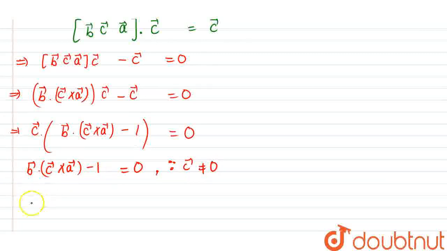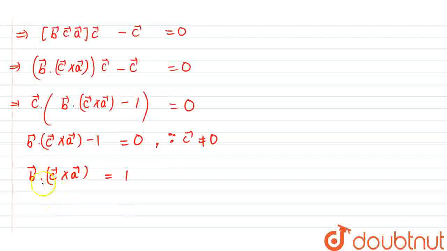And if this is equal to 0, that means B dot C cross A is 1. That is, the dot product of B vector with C cross A is 1. Now the dot product gives 1 when the two vectors are parallel to each other because they are at cos 0.